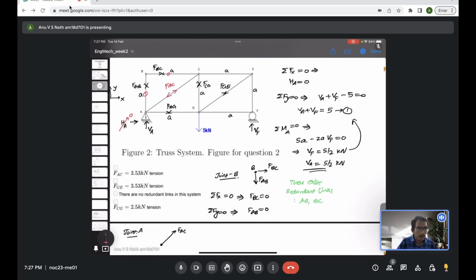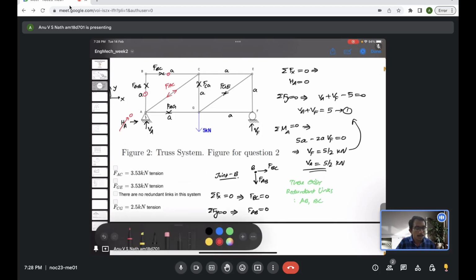Doesn't matter. Finally we will get the magnitude and the sign. If it is indeed compressive, then I will get a positive sign in this sense of direction. But if it was actually tension, then we will get the negative sign. So we will come back and say, okay, it was not compressive, it was tension.